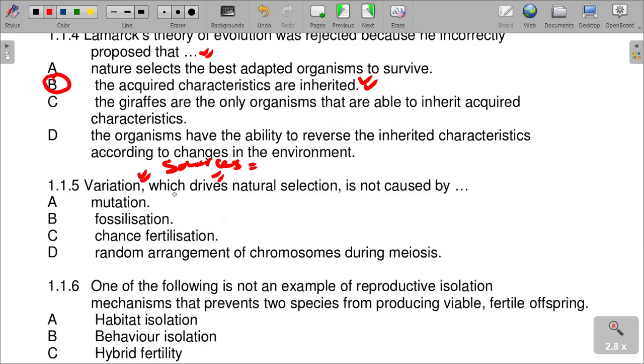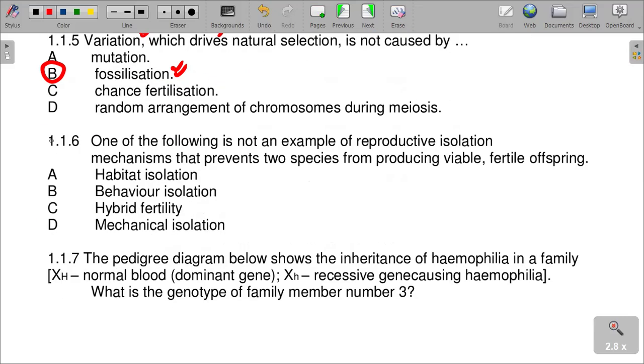So if you can see, variation which drives natural selection is not caused by phosphorylation. Phosphorylation cannot cause it. Mutation can, chance fertilization can, and random arrangement of chromosomes during meiosis can as well.